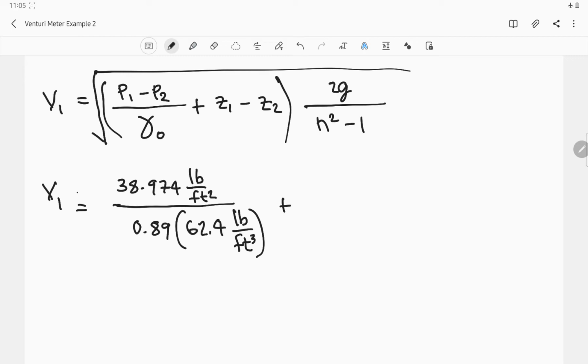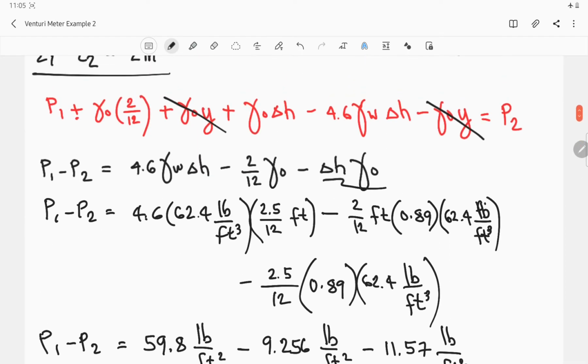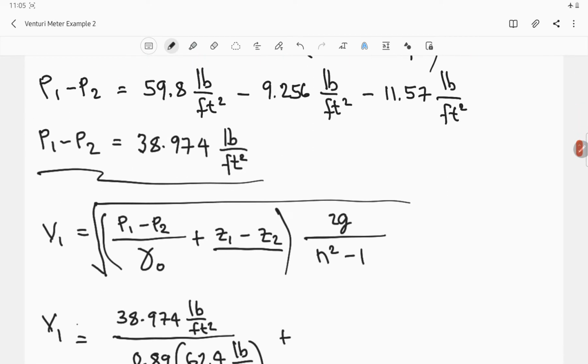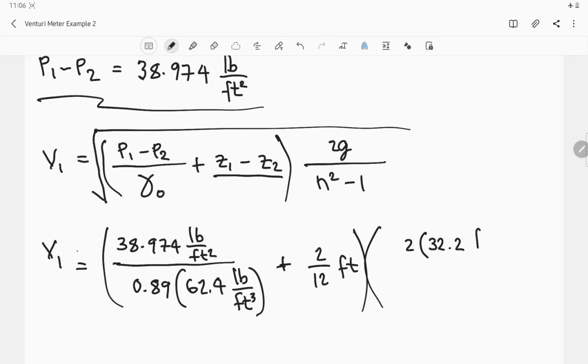plus Z1 minus Z2, the entire term, which is 2 inches. Since we are using feet, that's 2 over 12 feet. That will be multiplied by 2g, that's 2 times 32.2 feet per second squared.